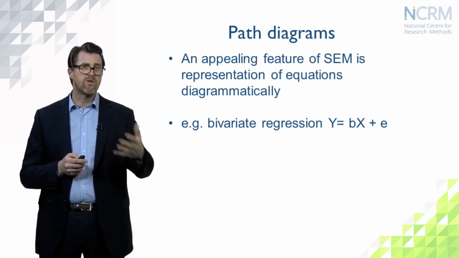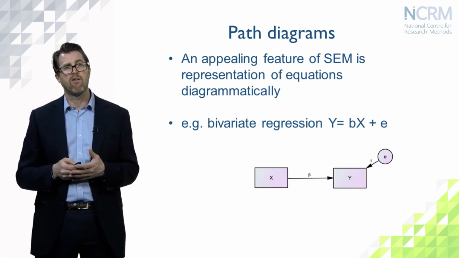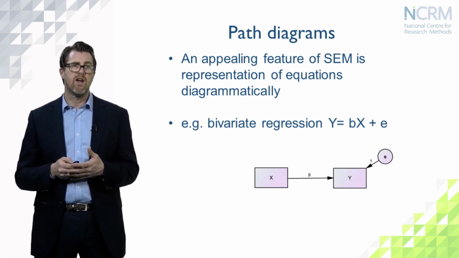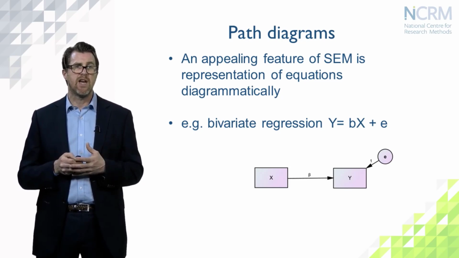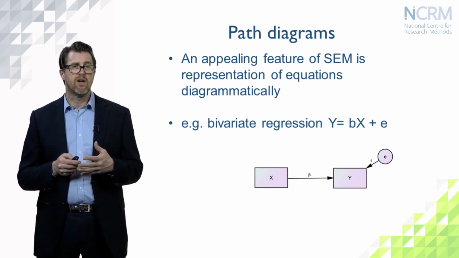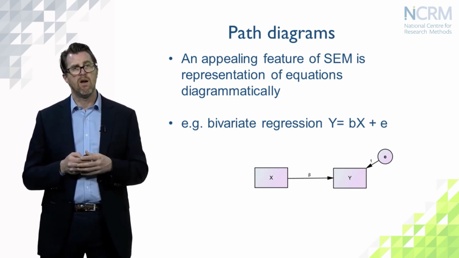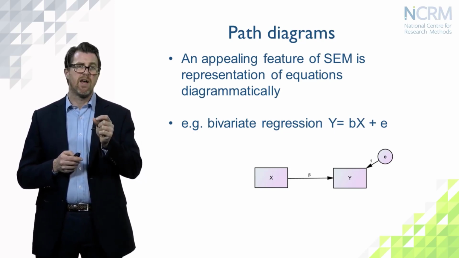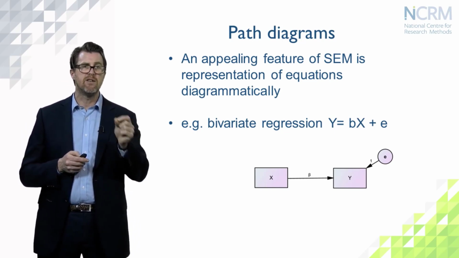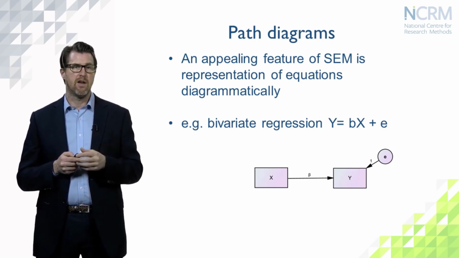Now we can also write that same information down in the form of a path diagram, a simple path diagram in this case. So we have here y is now represented as a rectangle, x is also a rectangle. We have an arrow running from x to y in a single direction, and we have a small circle pointing into y, which represents the error term in the equation.